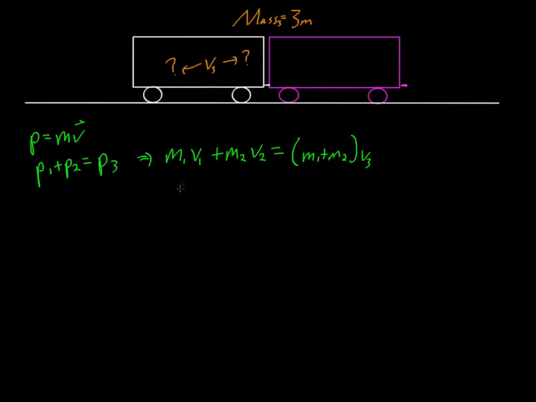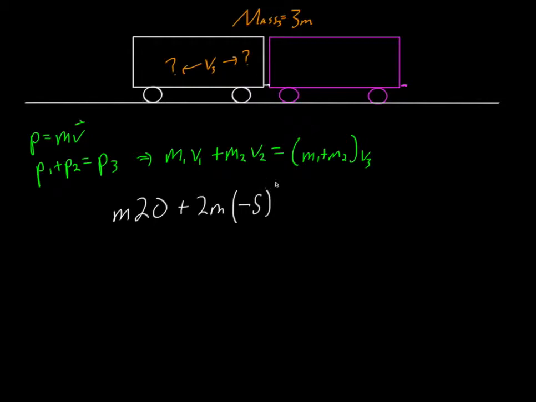So, in this case, our m1 is still labeled m, v1 is 20. Notice how I've made this a positive number. Our m2 is 2m, but in this case our velocity is going to be -5.